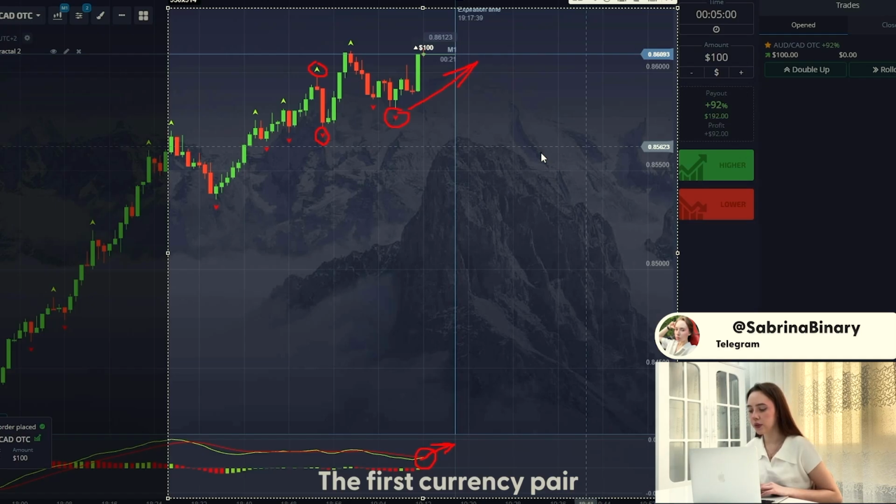It's worth noting that the fractal is always formed from an odd number of candles, by default 5. The fractal up pointer is drawn on the chart when there are two candles with lower prices before the candle marked by the fractal, and two subsequent candles with lower prices, so a symmetrical structure is obtained.